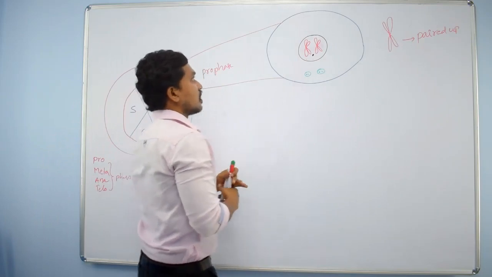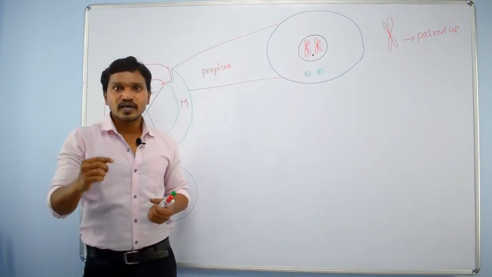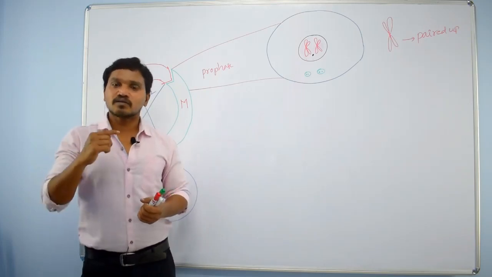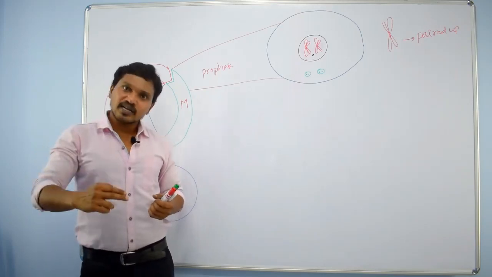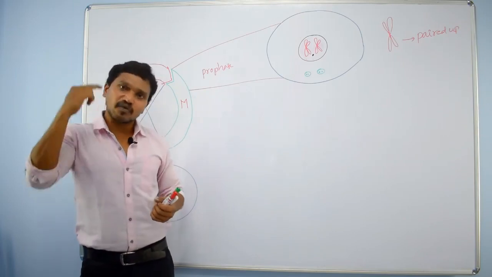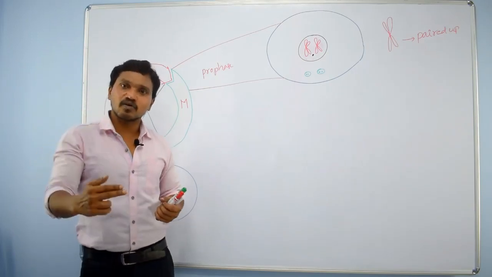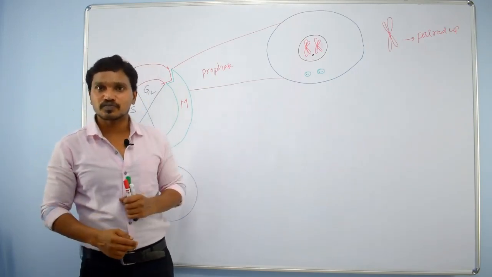Then you can ask me one more thing: why is DNA winding around histone protein, then these filaments winding again to form chromatin threads, and again winding to form the chromosomes?